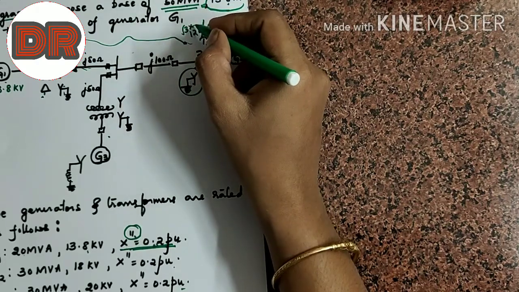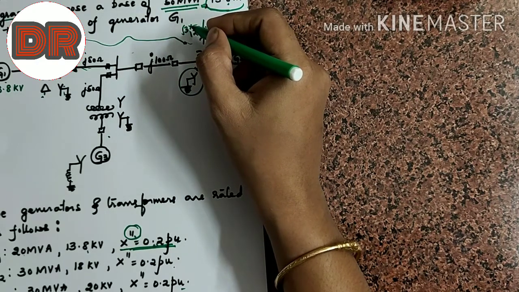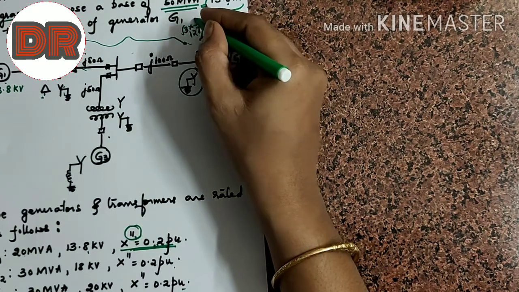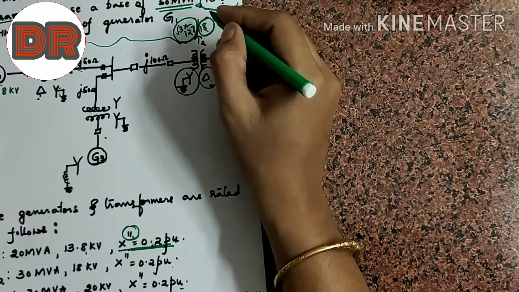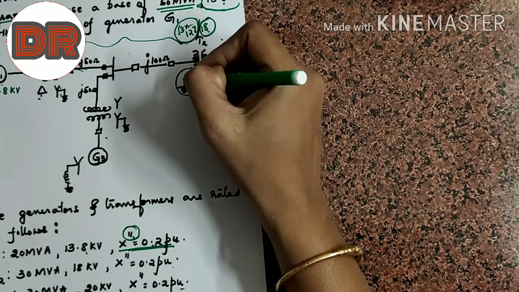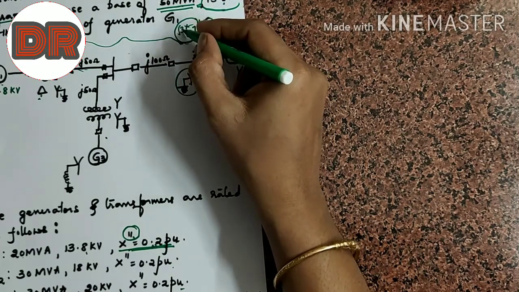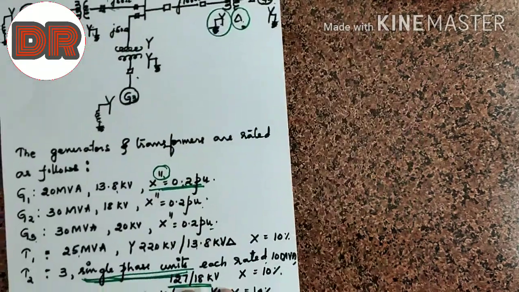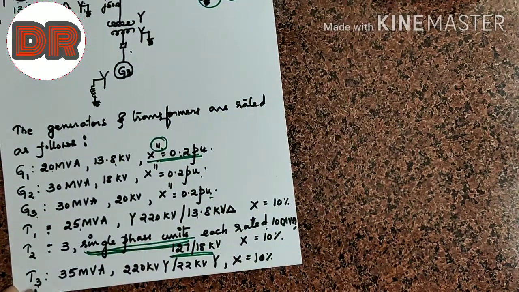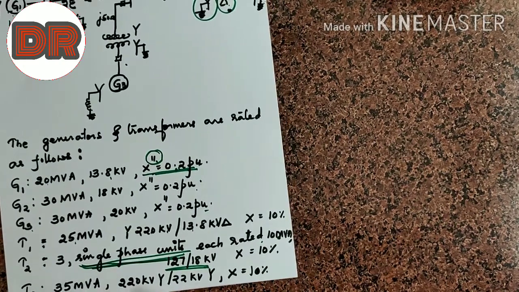So remember, when it is a combination of 3 single phase transformers, you have to check the voltage rating of the transformer. If it is a star side, you have to multiply by √3, if it is delta, it remains the same.